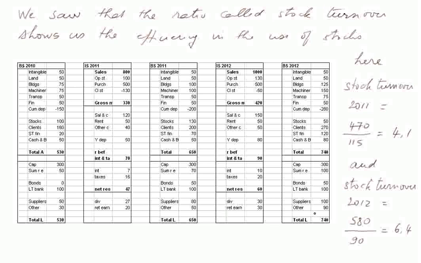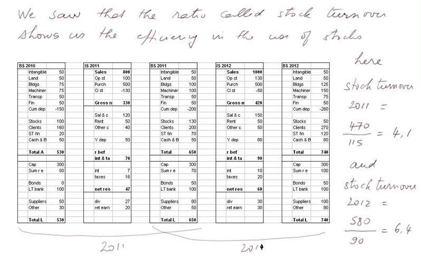So here we have a set of year-end documents covering 2 years. The year 2011 with an initial balance sheet, the income statement, ending balance sheet, and the year 2012 with the same type of figures. And here the calculation of the stock turnover. First of all, for 2011, the formula is COGS divided by the average stock figure.